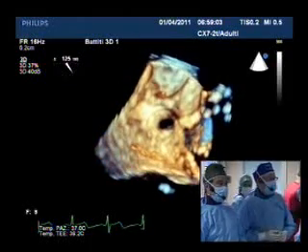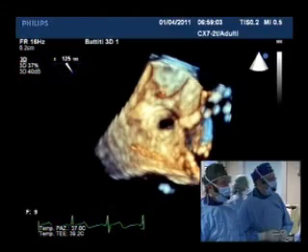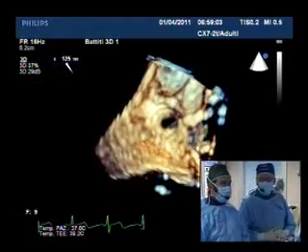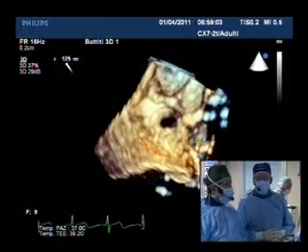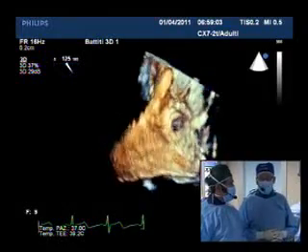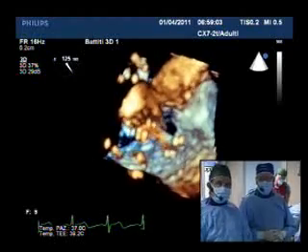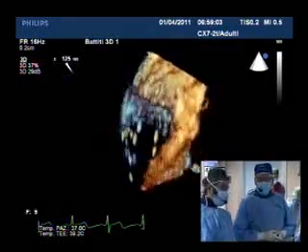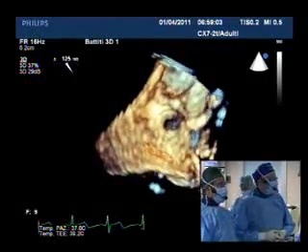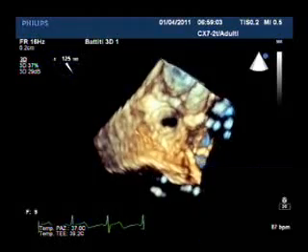From the size of the LV, it looks like usually with this size of a perimembranous VSD, you would see a biventricular enlargement rather than a huge left ventricle. Is this somehow suspicious of a coexisting PDA as well? Would you go for an aortogram for a PDA, just to make sure that there is no associated PDA that you would need to close as well?